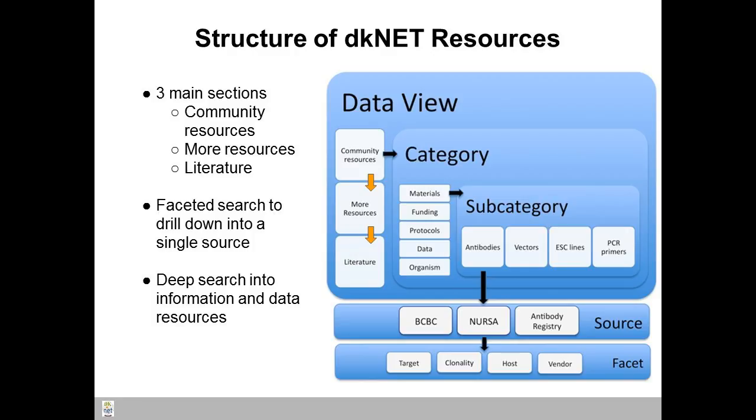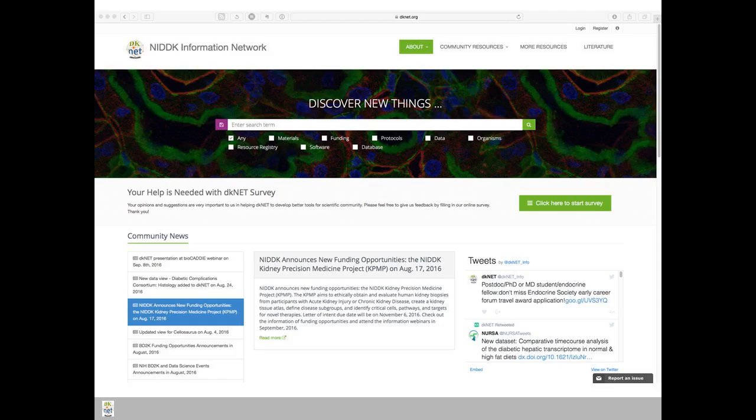For example, in dkNET we have a category for materials, for funding, for protocols, for organisms, and then when one goes into subcategories, for example for materials, we break that down further into antibodies, vectors, ESC lines, and so on, so that you can create, in a sense, your own product menu for your research community.